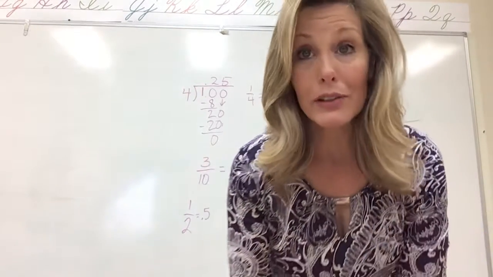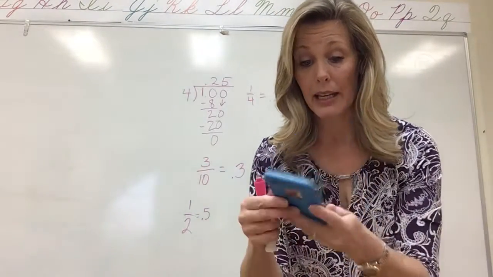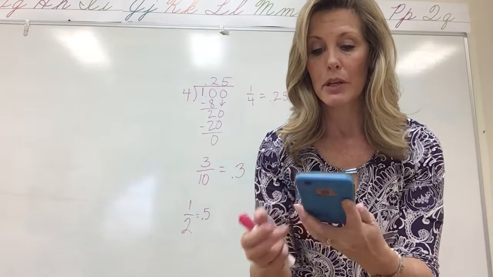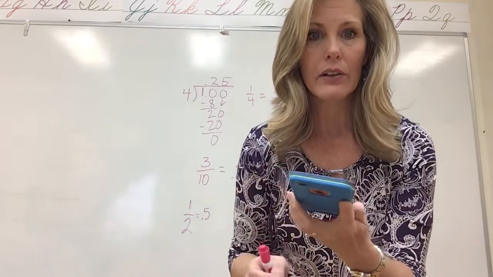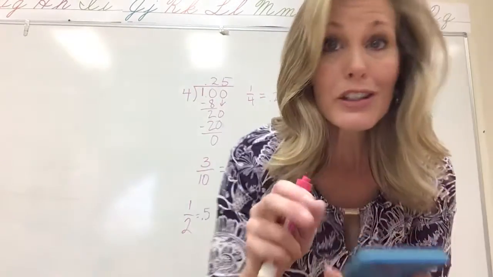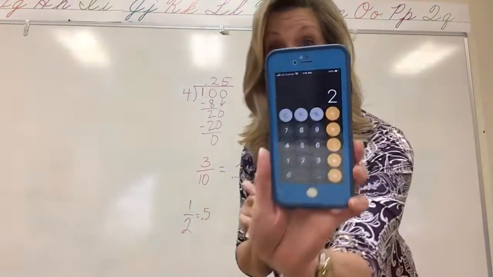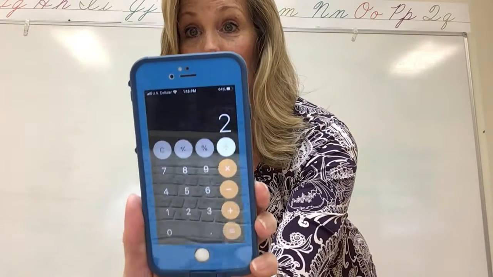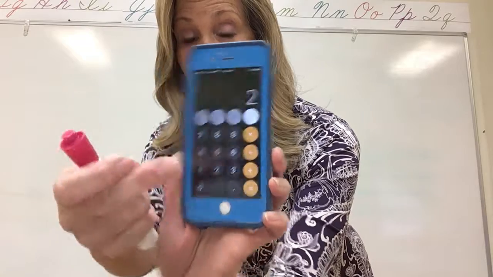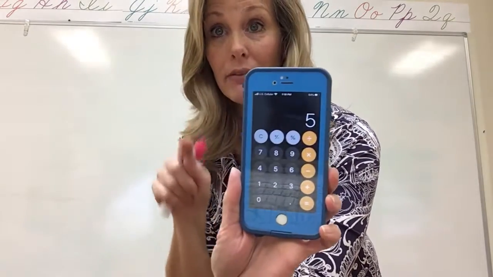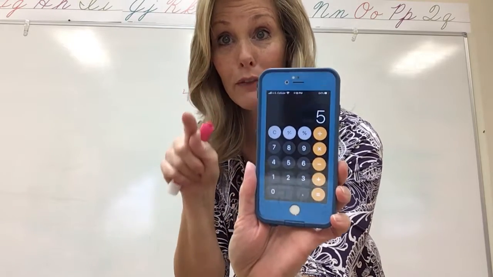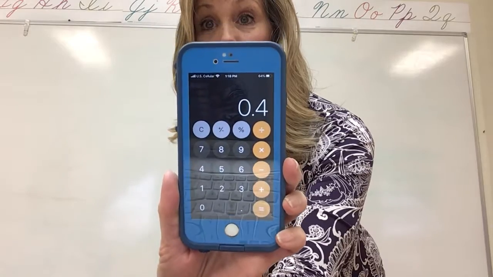The next one, letter D. I'm taking my handy phone and I'm going to my calculator, clearing it out, and I've got my numerator, which is 2, and divided by, see how it highlighted my divided by, 5. 2 divided by 5, 2 over 5 equals 4/10.